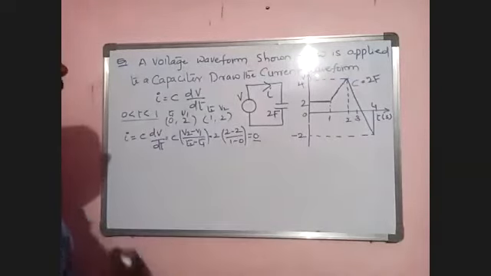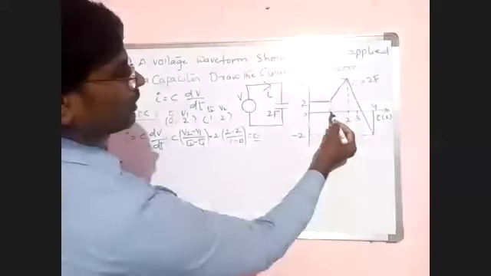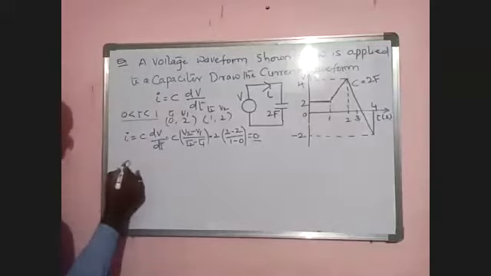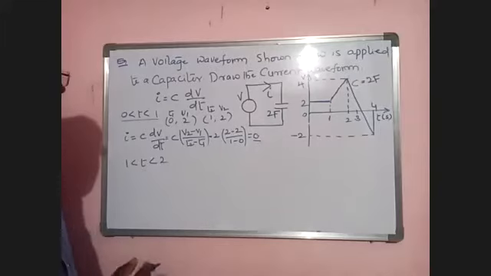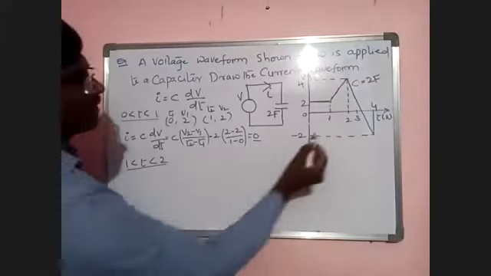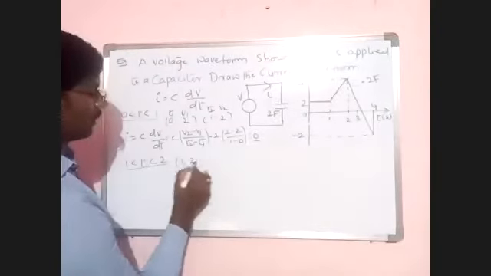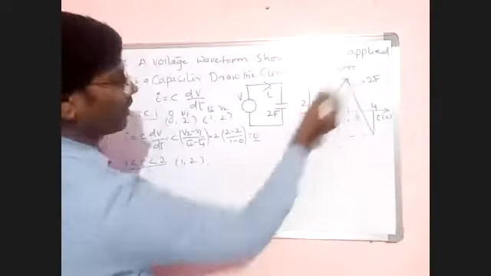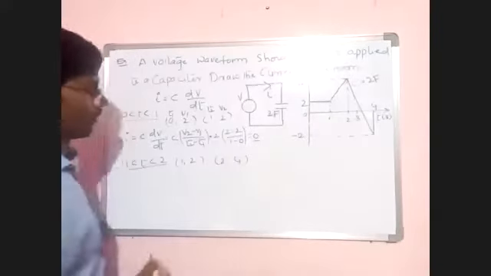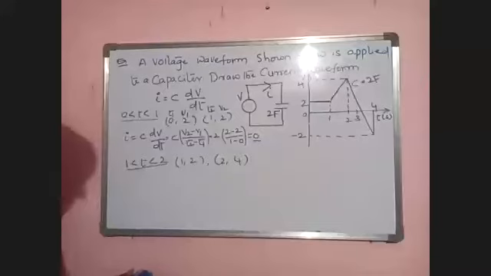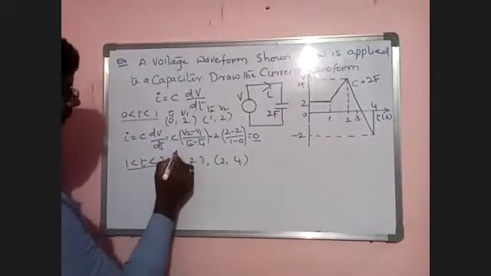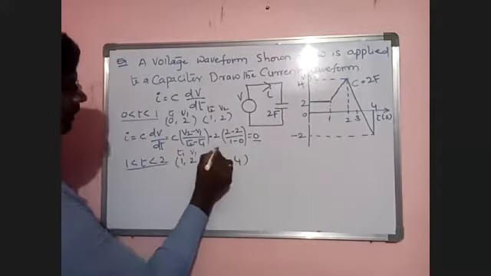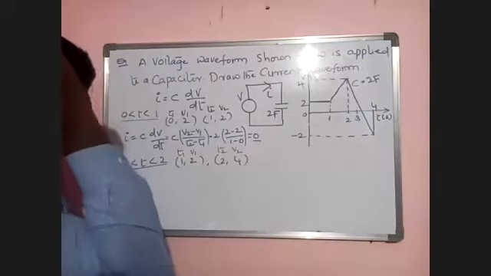Okay, now you come to the next interval, 1 to 2. 1 less than t less than 2. The two endpoints are 1, 2 and 2, 4, and you take it again as T1 V1, T2 V2.